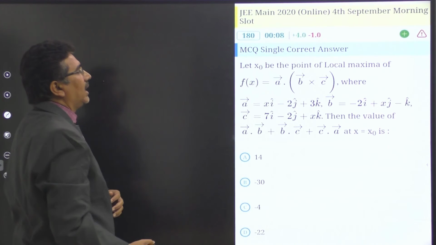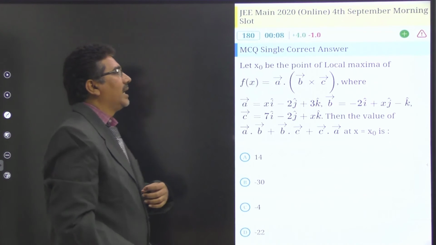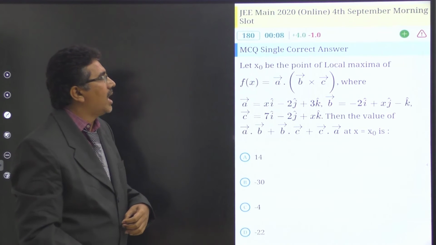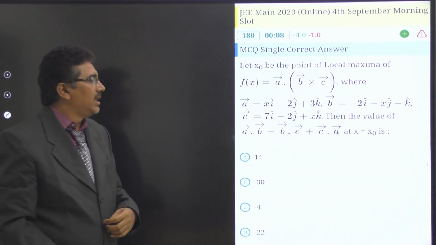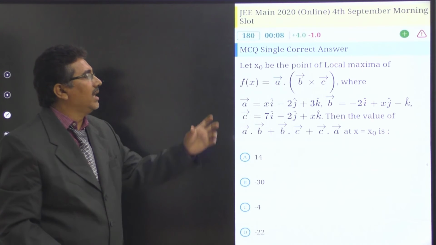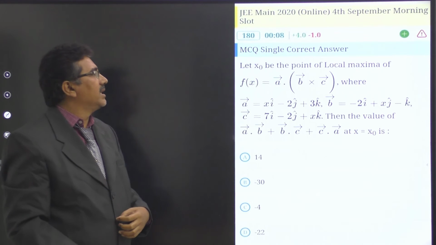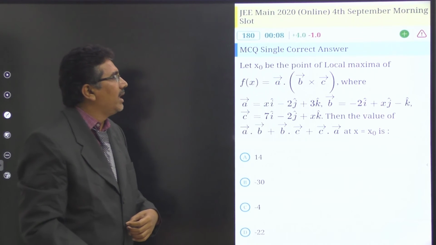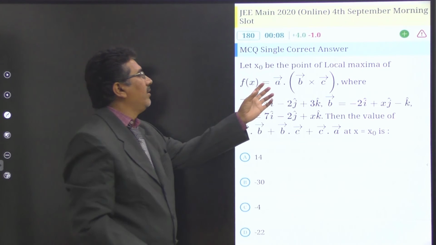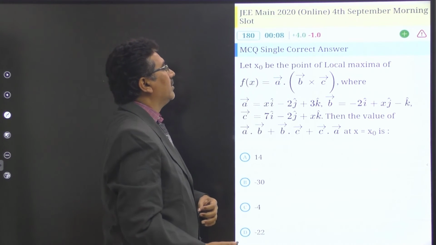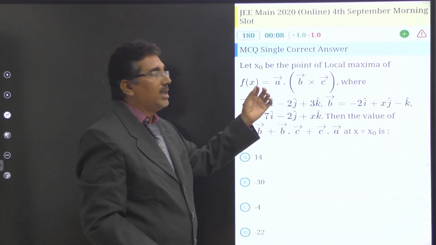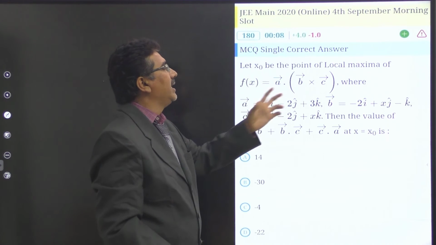Now let us see another one. Let x0 be the point of local maxima of f of x. The question is a common question, but adding a small factor. f of x is defined as a bar dot b bar cross c bar, that is same as box of a bar, b bar, c bar.